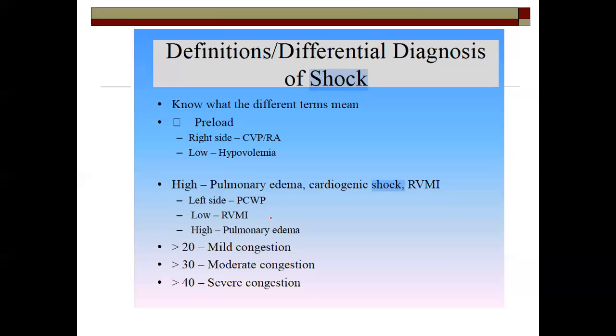If they have a low wedge pressure, they have a right-sided MI. If they have high wedge pressure, they could have pulmonary edema. As far as wedge pressures, mild congestion is 20, moderate congestion 30. These are not numbers you have to commit to memory, just to give you an idea. The higher the number, the more severe the pulmonary congestion.